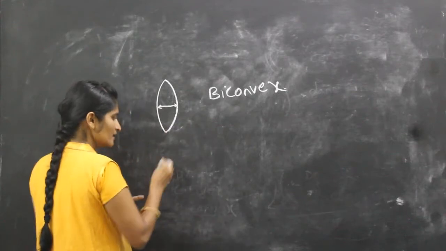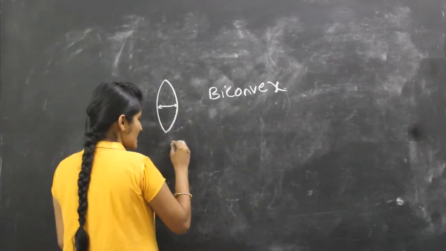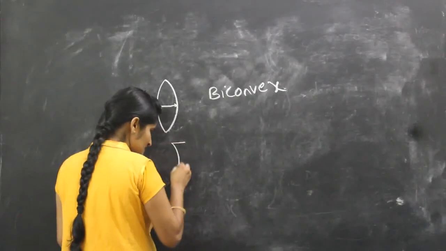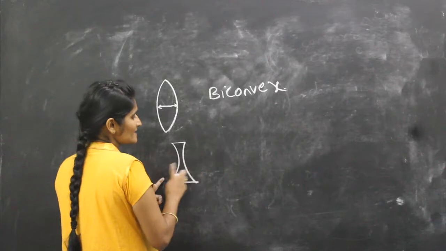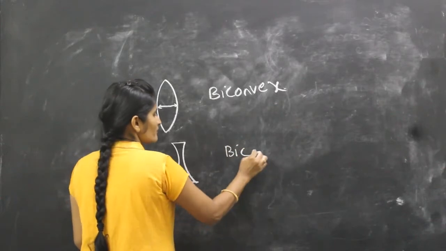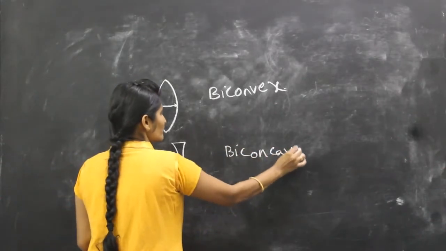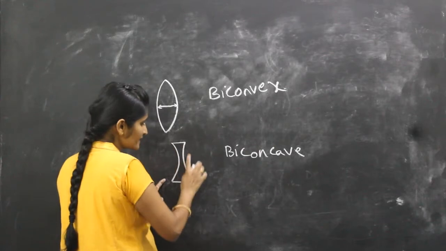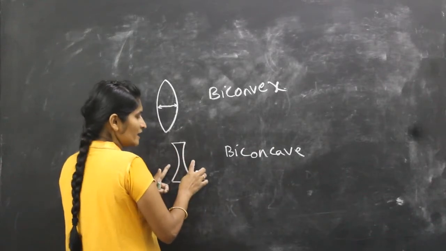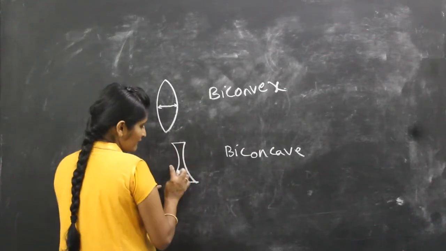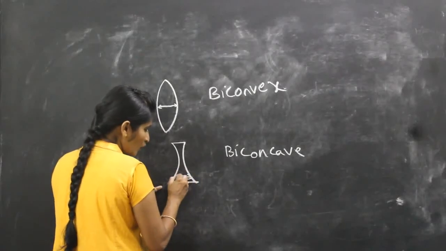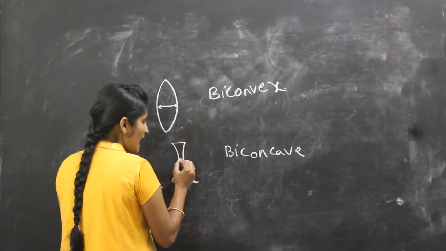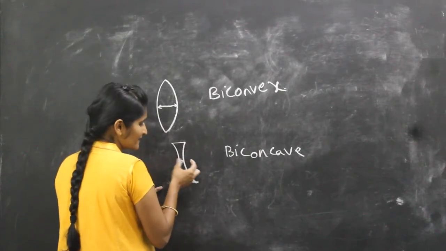And if a lens has two surfaces bulging inwards, then it is called a biconcave lens. Why is it called biconcave? Because the two surfaces are concave in shape. Is it clear? For this lens, the thickness will be more at the edges and less at the center.